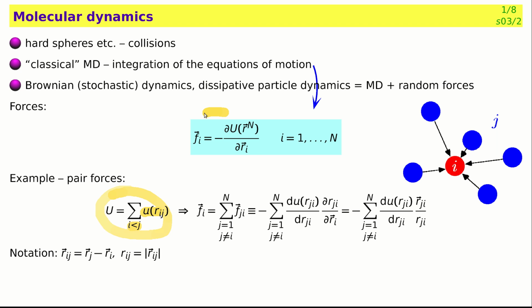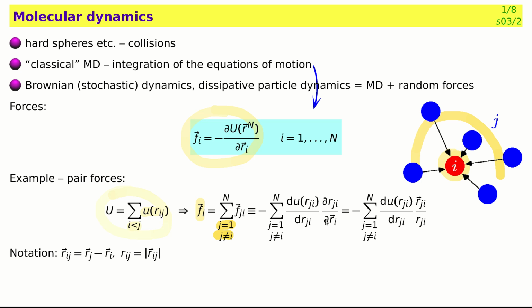Without too much formal mathematics, the force acting on one particle i is a sum over all surrounding molecules, that is, we sum over j, which goes over all molecules except i. The particle doesn't interact with itself.